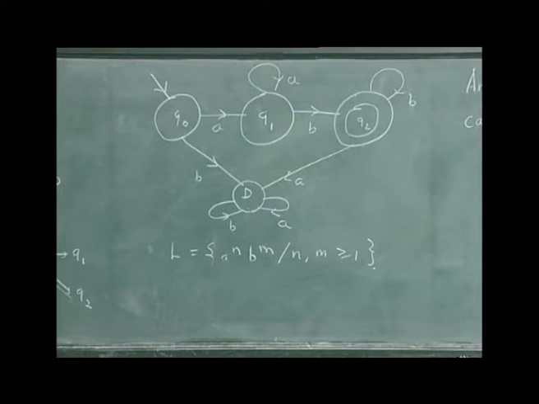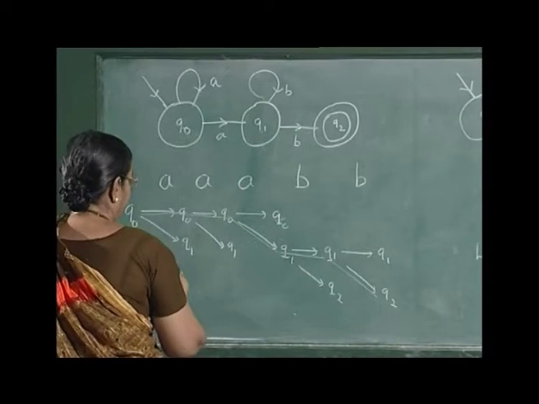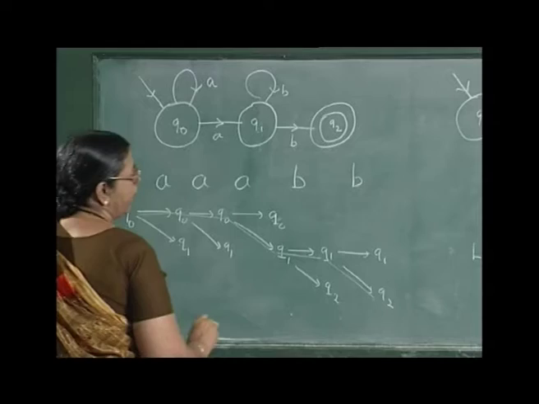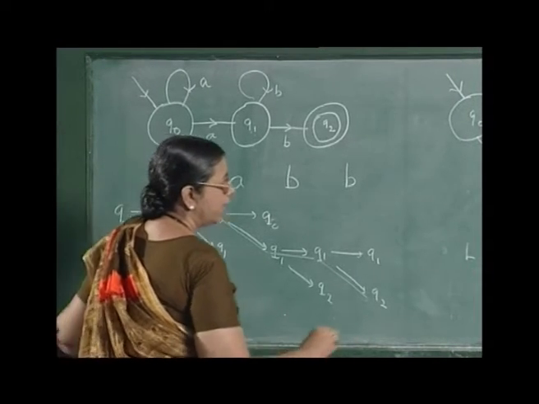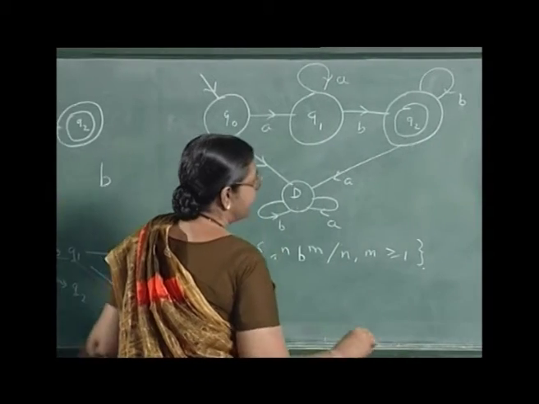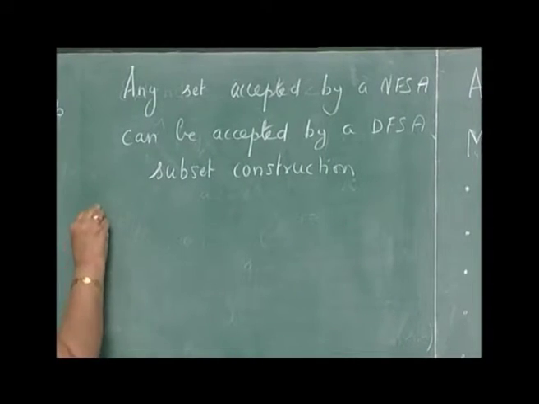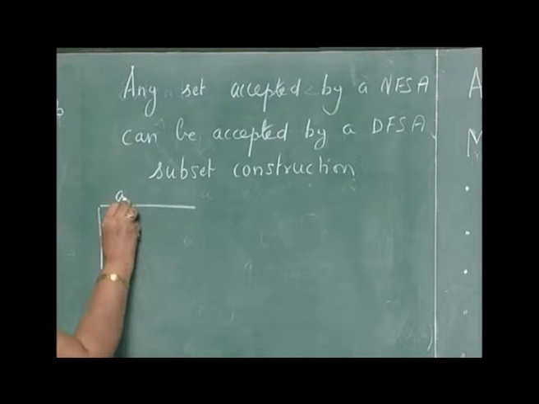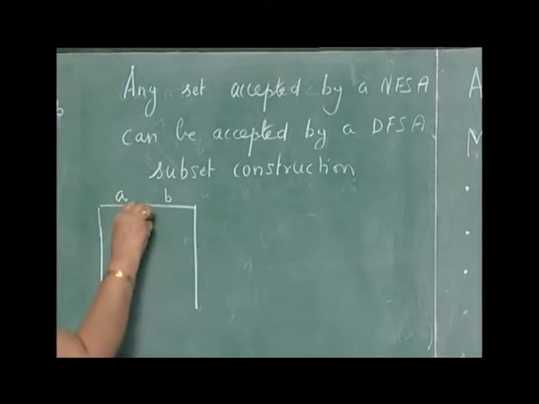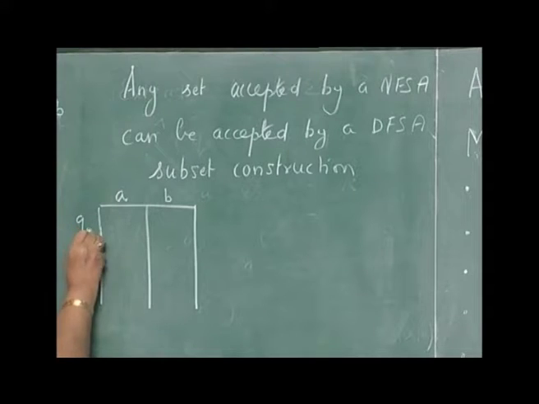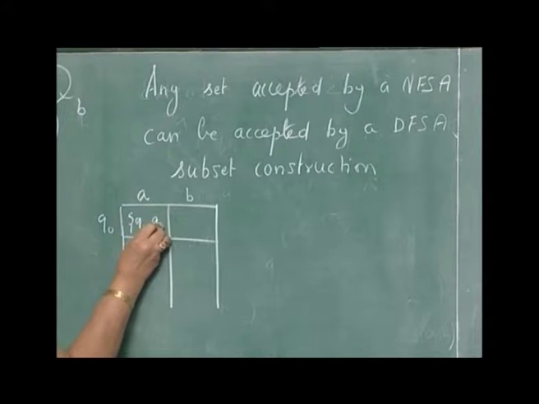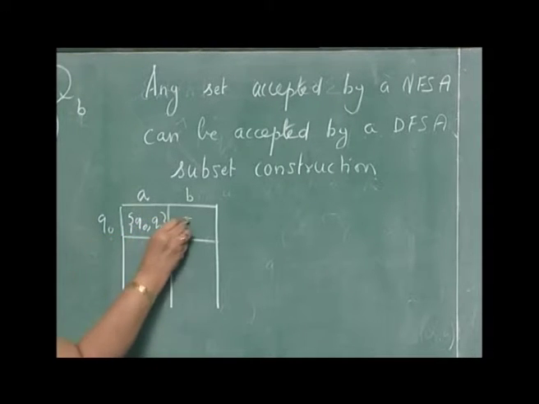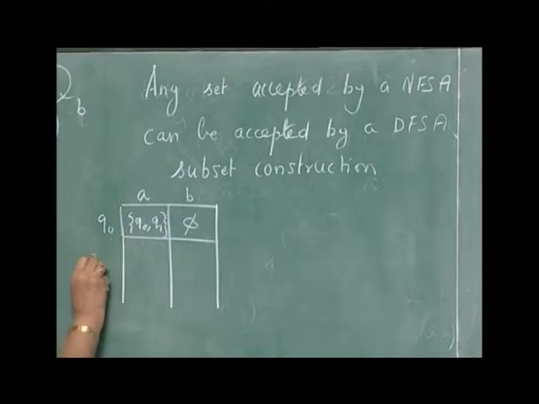Now, when you represent the state as a table, you will get like this. The non-deterministic automaton can be represented by a table like this: a, b, q naught. After reading a, you have two possibilities that you denote as q naught, q1. You cannot read a b from q naught.